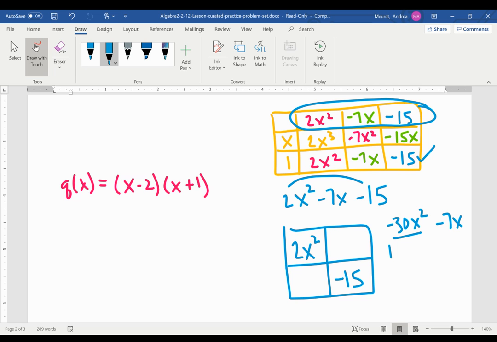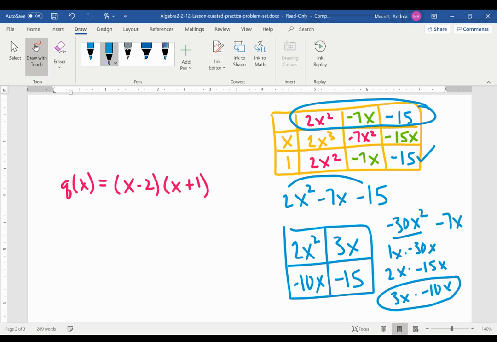And so 1x times negative 30x, that doesn't work. 2x times negative 15x, that's getting closer, but it still doesn't quite get to negative 7x. However, 3x times negative 10x, that adds up to negative 7x. So I'll put a 3x here and a negative 10x here, and then I'll continue factoring.